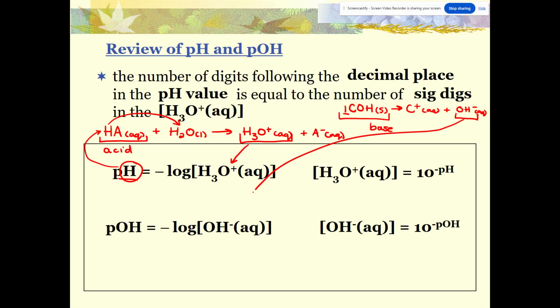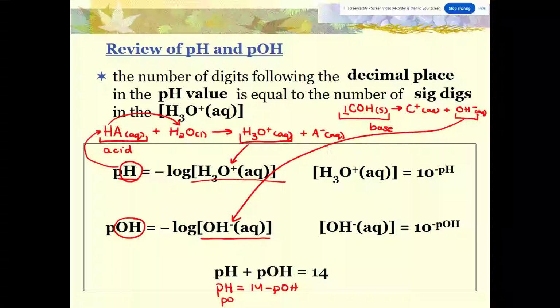When you take the negative log of those, you're getting a number on the pOH scale rather than the pH scale. Okay, but the two are related to each other where you can find one from the other by subtracting from 14. So pH can be found with 14 minus pOH, and pOH can be found with 14 minus pH.